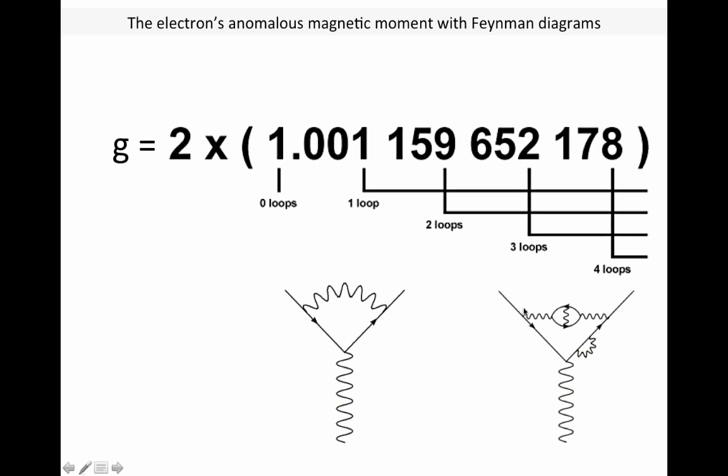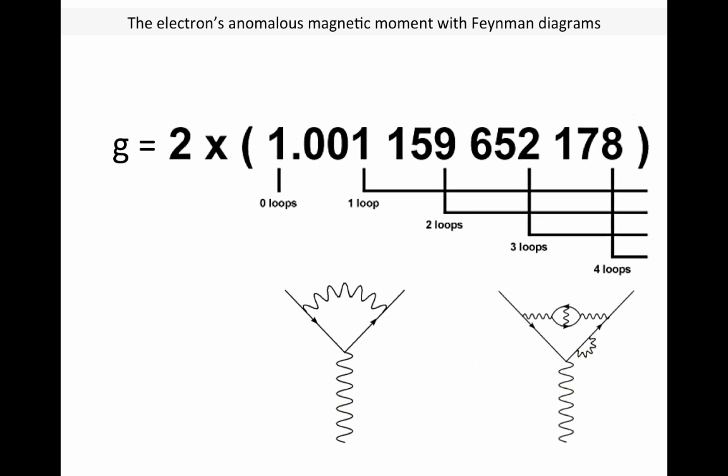These weird, complicated ways. And we have to take them into account. These 4 loop diagrams here that look crazy actually make a difference when you go down to 12 decimal places. And if we didn't take them into account, we'd get the wrong answer when we compare to experiment.